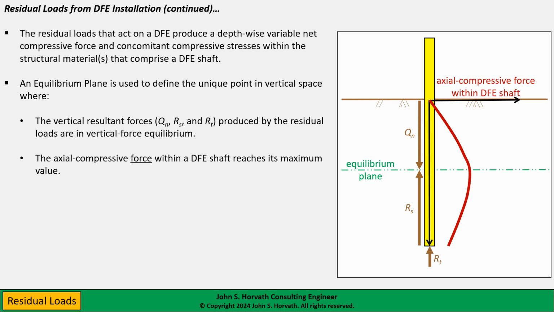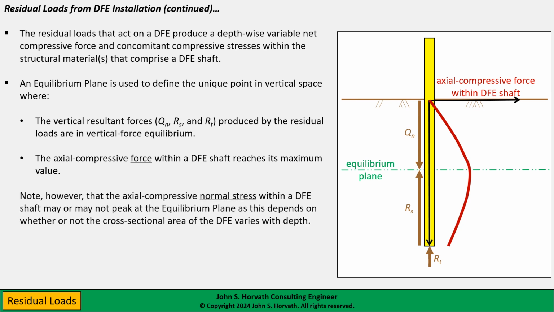Now, the axial compressive force within the DFE generated by this combination of forces reaches its peak at the equilibrium plane. Note, however, that the axial compressive normal stress within a DFE shaft may or may not peak at the equilibrium plane.